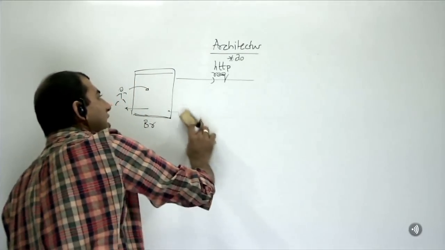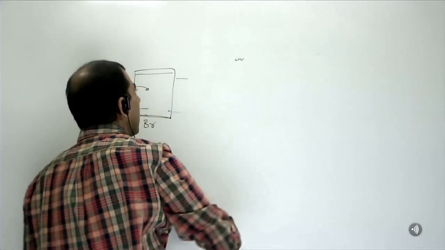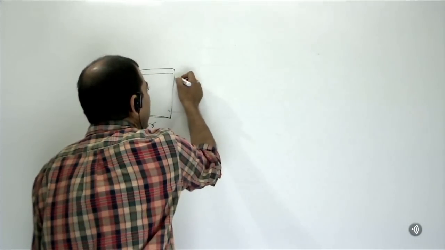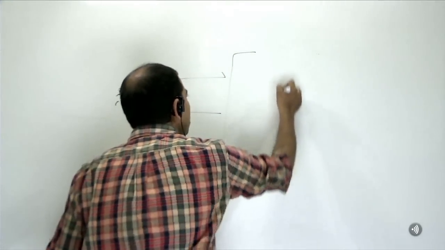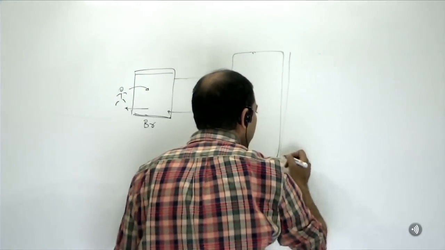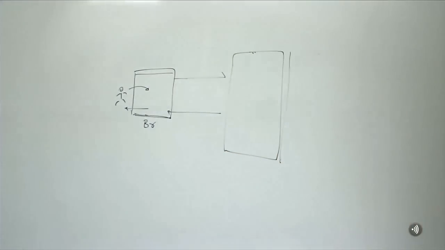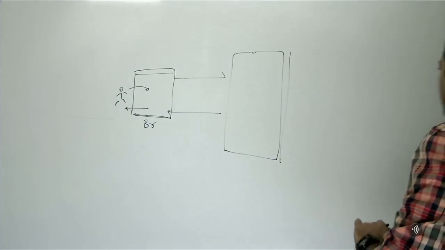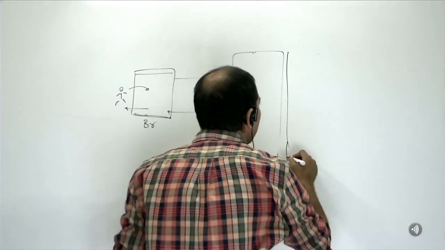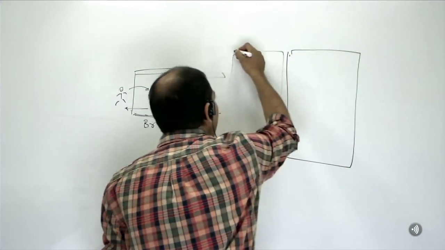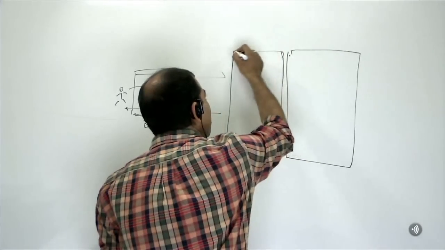The moment you put it in a separate box, we have enhanced flexibility now. So typically you will see that in any enterprise architected application, on the server side, you now have multiple tiers.